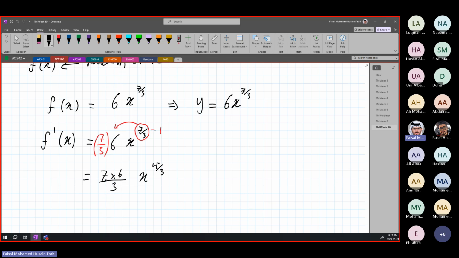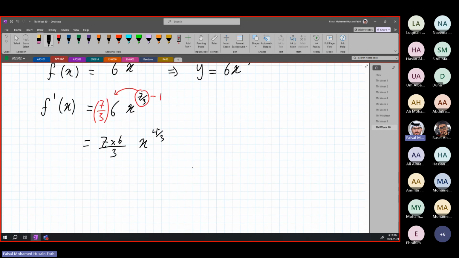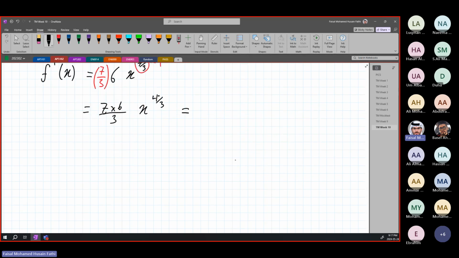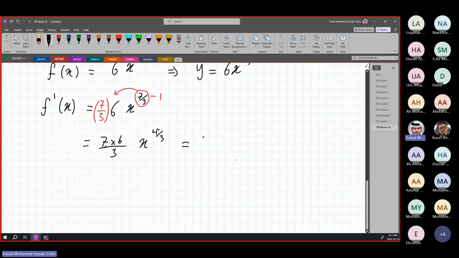Again, you can use a calculator for 7 over 3 minus 1, but you should already know how to deal with fractions. And you need to remember all your exponent rules. You need to remember that if you have x power minus 5, this is the same as 1 over x power 5. You need to understand how to move your x up and down. So let's just simplify this differentiation. So 7 times 2, which is 14x, 4 over 3. This is your final differentiation.